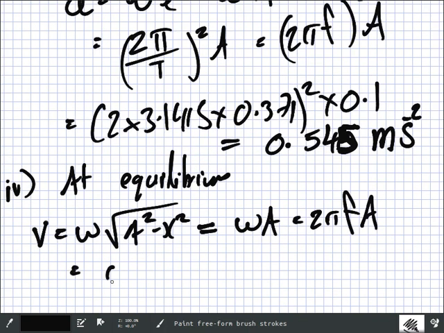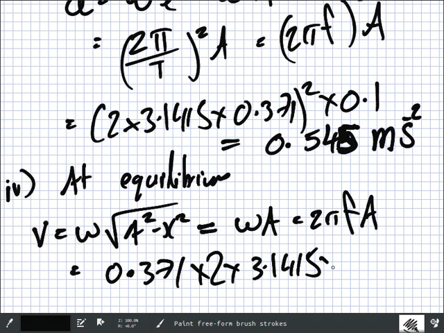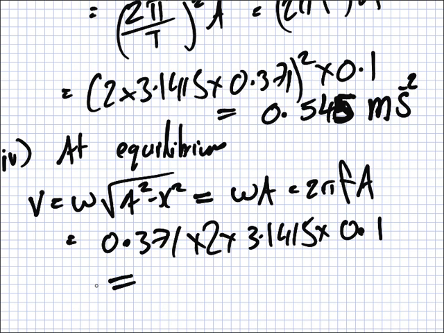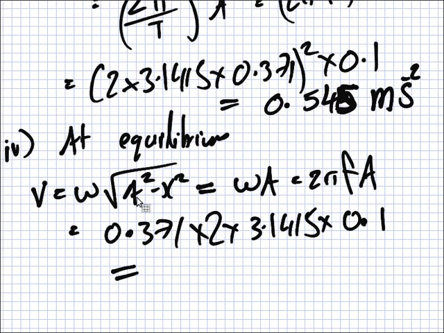So that is 0.371 times 2 times pi times 0.1. So the formula v equals A omega cos omega t gives you the velocity for any time t of your choosing.